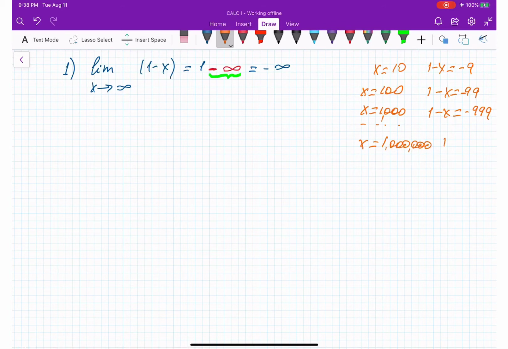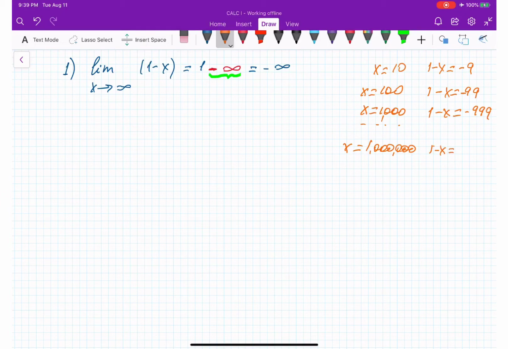So 1 minus x is going to be equal to negative 999,999. Let me move a little bit here so you will have space to see well what's happening.